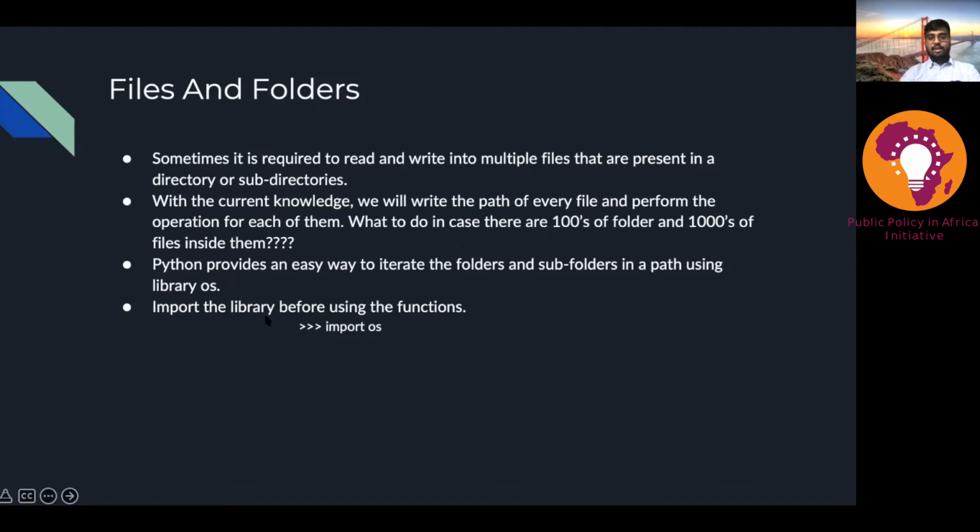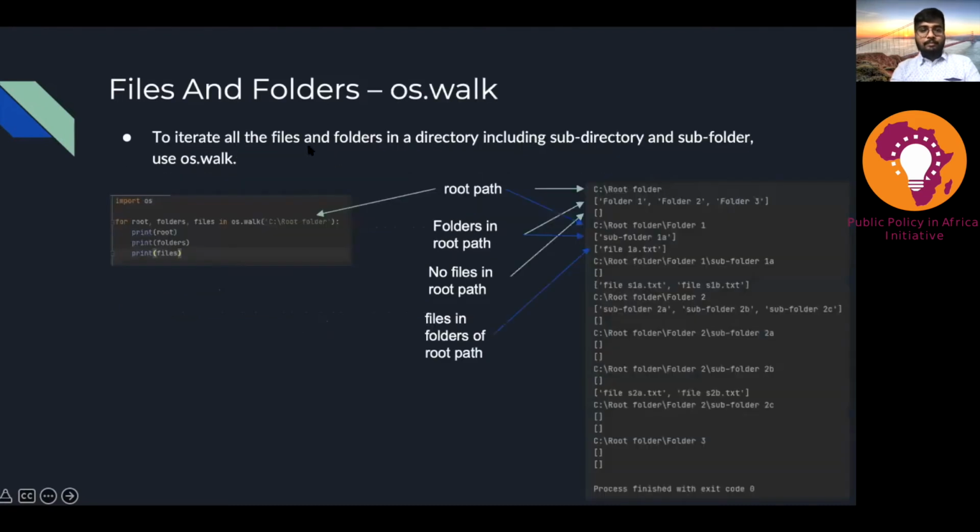So importing the library before using the functions: we use the import keyword and then os is the name of the library. So we write import os and that will help us use this library and its functions. So we have os.walk. What this will do is iterate through all the files and folders in a directory, including subdirectories and subfolders.